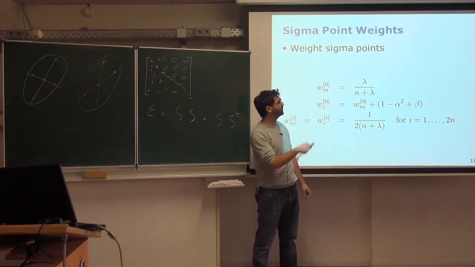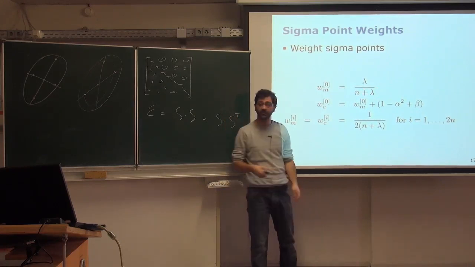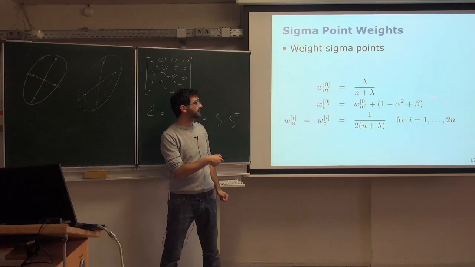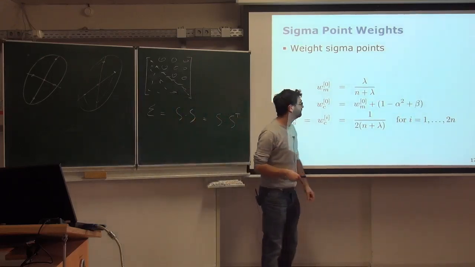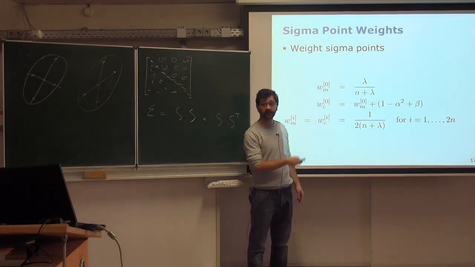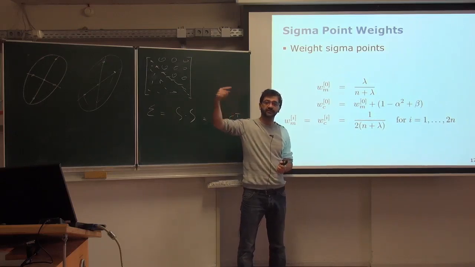For the mean, you just get lambda, which is the parameter that decides how far to go away from the mean, divided by n plus lambda. And for the covariance, you need to add these terms here. I don't want to go too much into the details, but these terms account for effects on higher order statistics of your distribution.